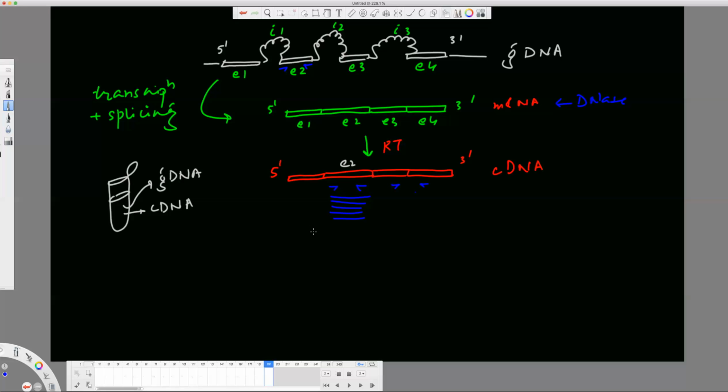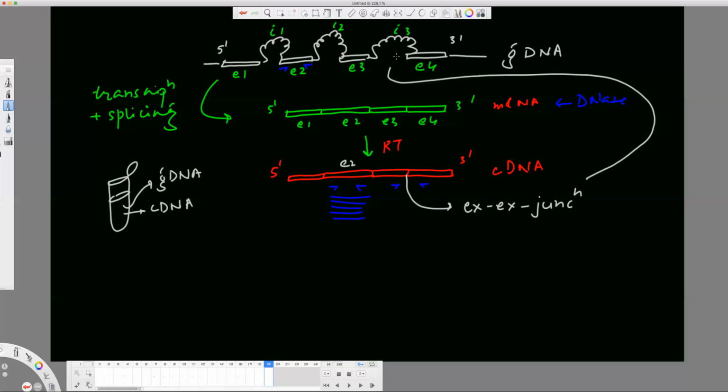Now this region over here is basically your exon-exon junction, right? This exon-exon junction had an intron in your genomic DNA, isn't it? This is why we call this set of primers, which span the exon-exon junction, intron spanning primers.